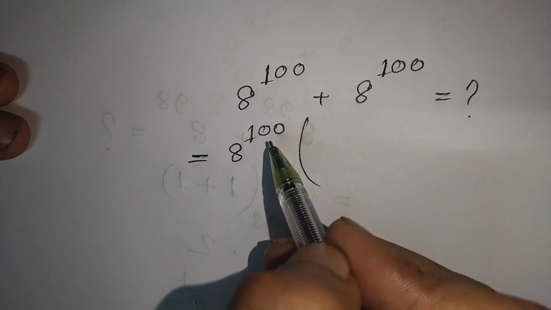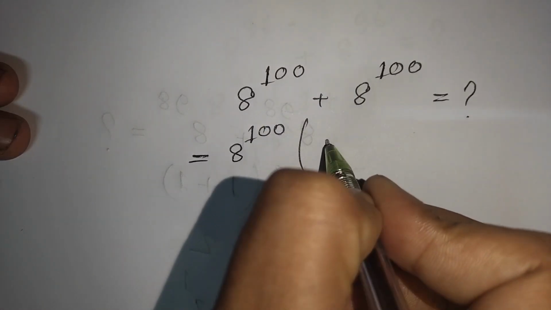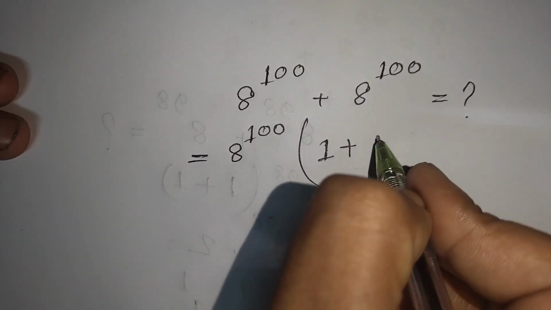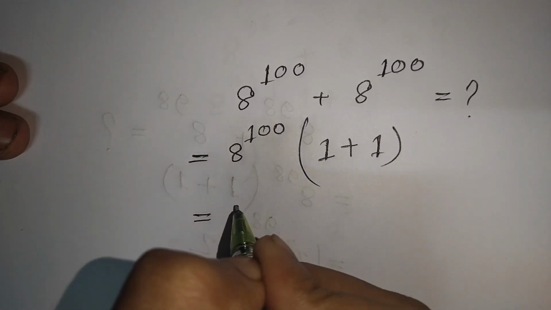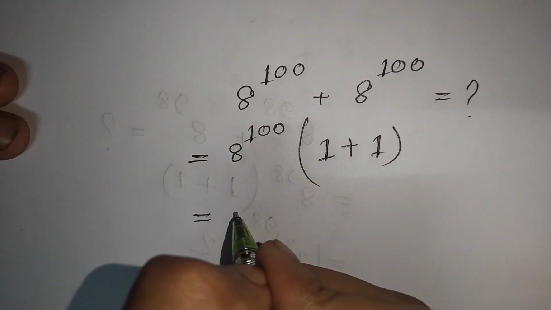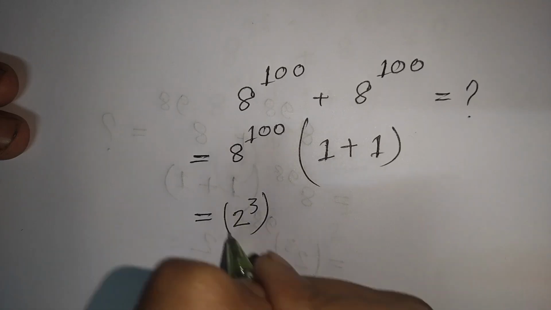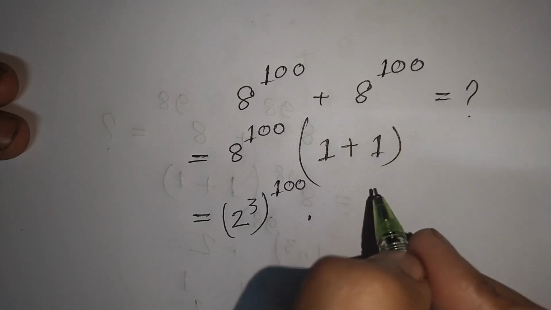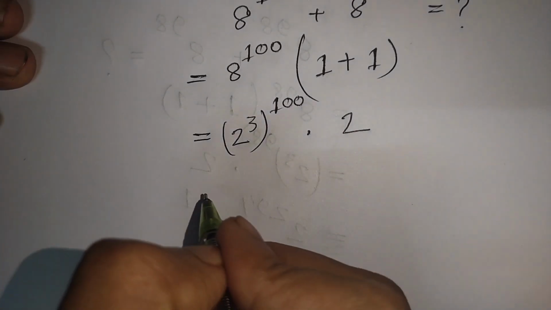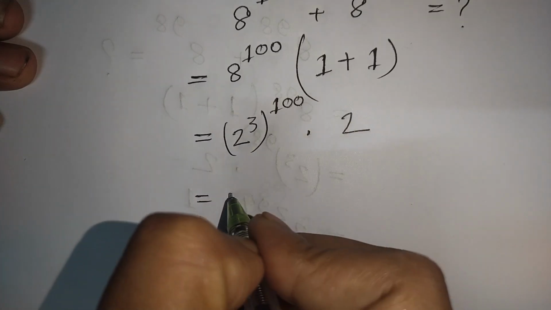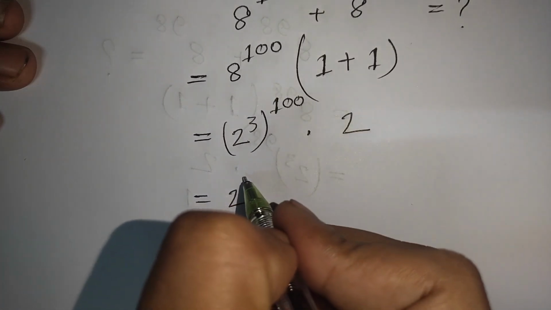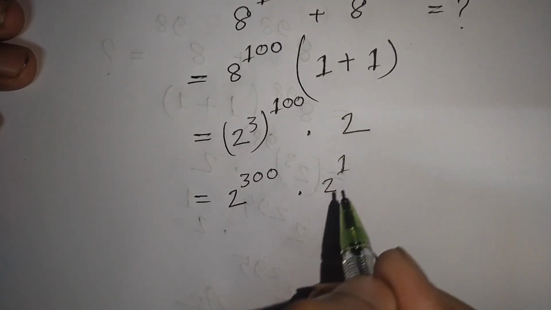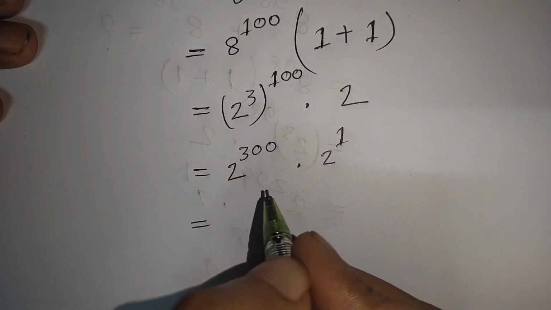Then 8 power 100 divided by 8 power 100, that means 1, plus 8 power 100 divided by 8 power 100, that means 1. 8 power 100 is the same as 2 to the power 3, bracket power 100, times 1 plus 1, that means 2, is equal to 2 to the power 3 times 100, that means 300, times 2, which is the same as 2 to the power 1.